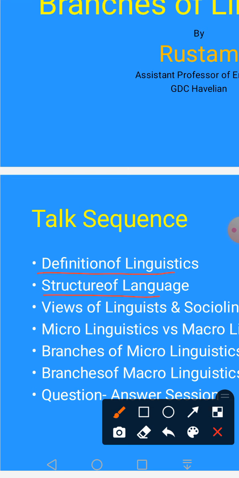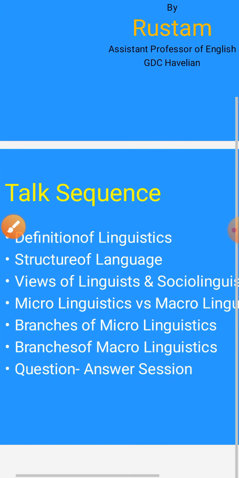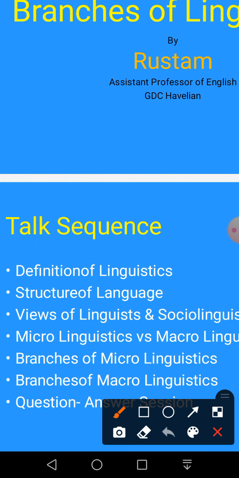I'll talk briefly about the structure of language. Then I'll share that there are two views about the structure of language. One is the linguist view and the other is the sociolinguist view. This will be briefly touched upon in this presentation.